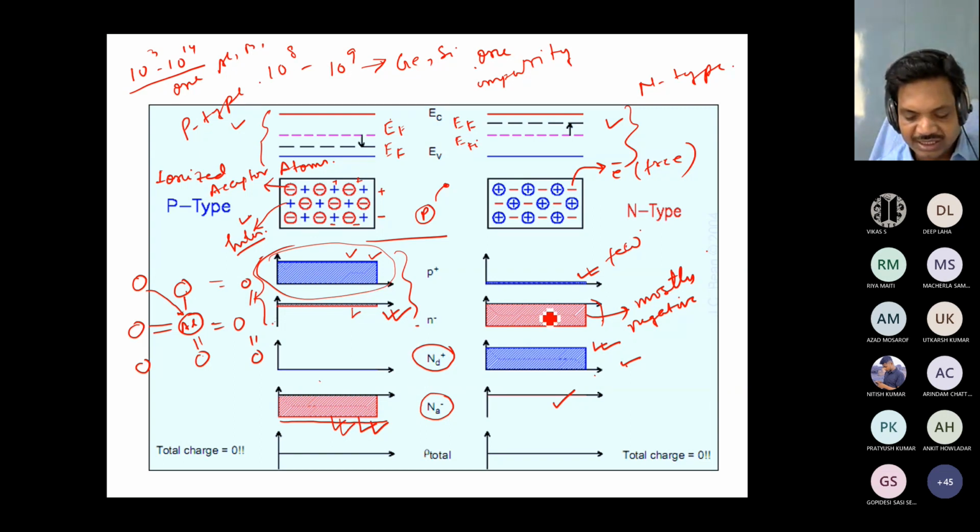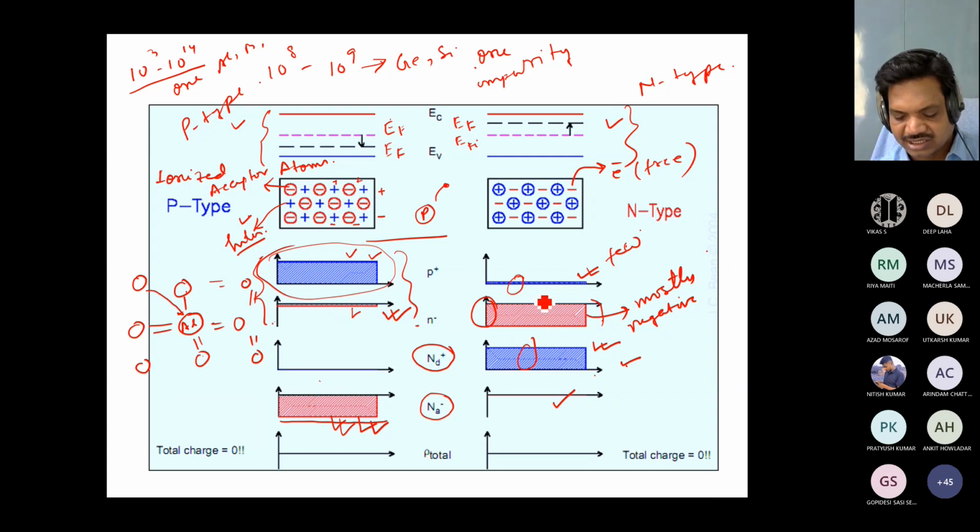Similarly, in the n-type semiconductor, the total area of the positively ionized donor atoms and the thermally generated minority carrier holes must be equal to the total area due to the electrons.